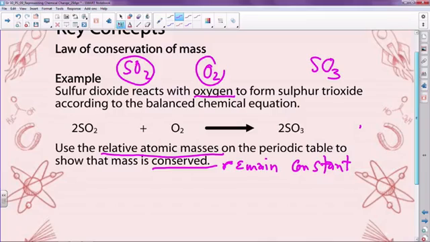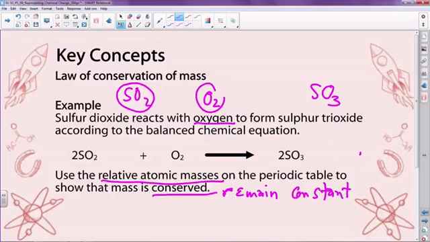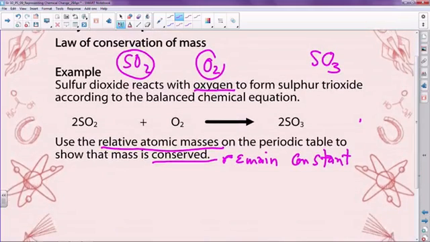We know that sulfur is 32, and oxygen is 16. Very important, meaning that without the periodic table, we are not in a position to carry out these calculations. Now, we've got 32 for sulfur, plus 16 for oxygen. But for oxygen, there are 2 atoms because the ratio is 1:2.